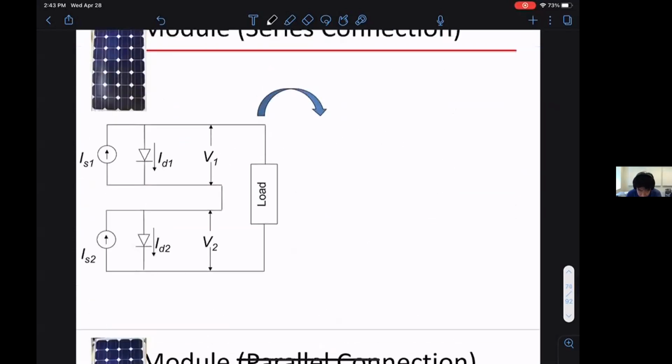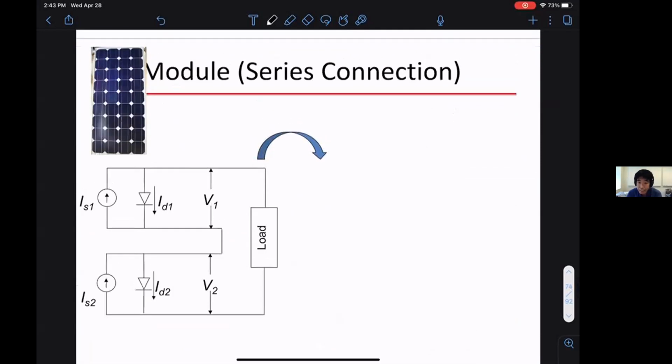All right. So then, of course, as we said before, you can connect panels in modules. You can connect things in series. What happens when you connect things in series is the current needs to be equal.